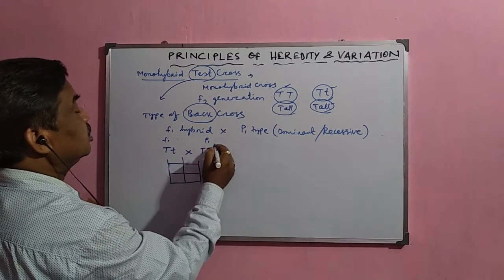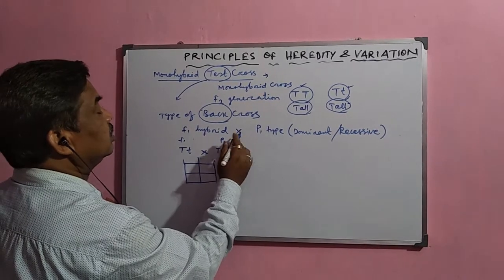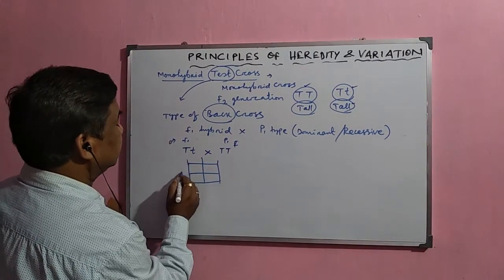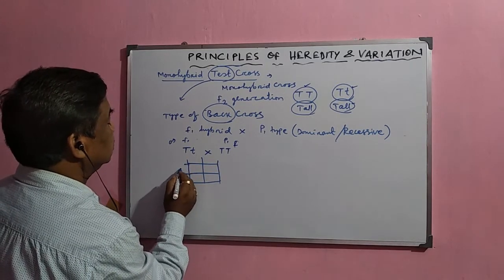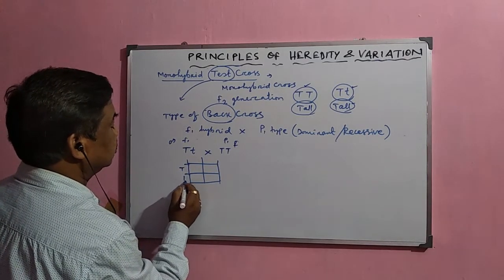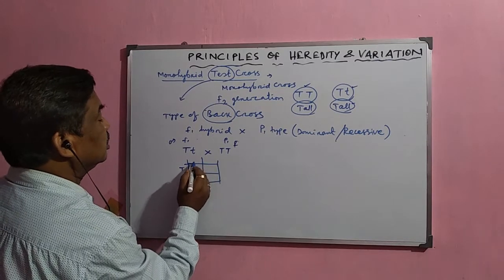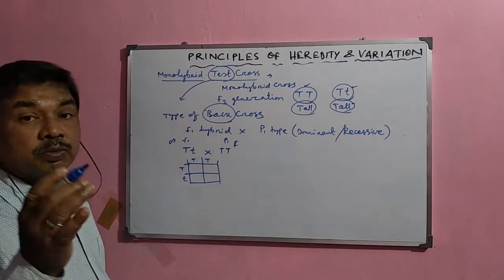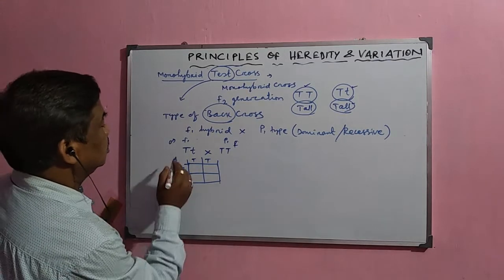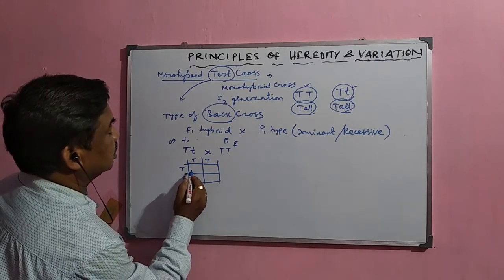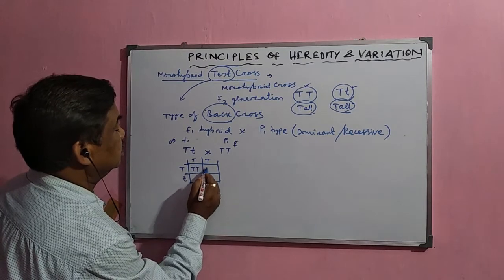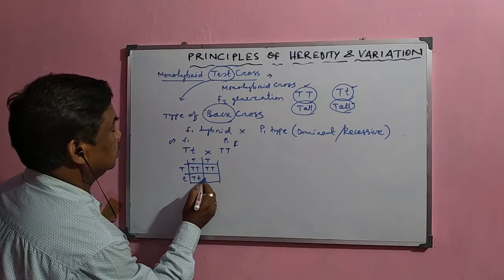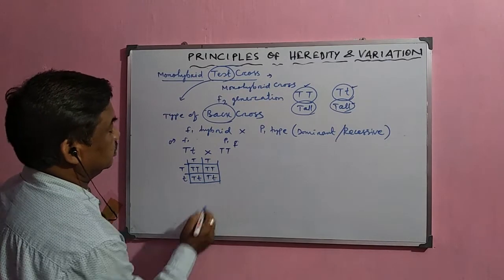Suppose this is the female one and we take the male one. Two types of gametes will be formed here, capital T and small t, and here capital T and capital T. Then the offspring are capital T capital T, and capital T small t, and capital T small t.